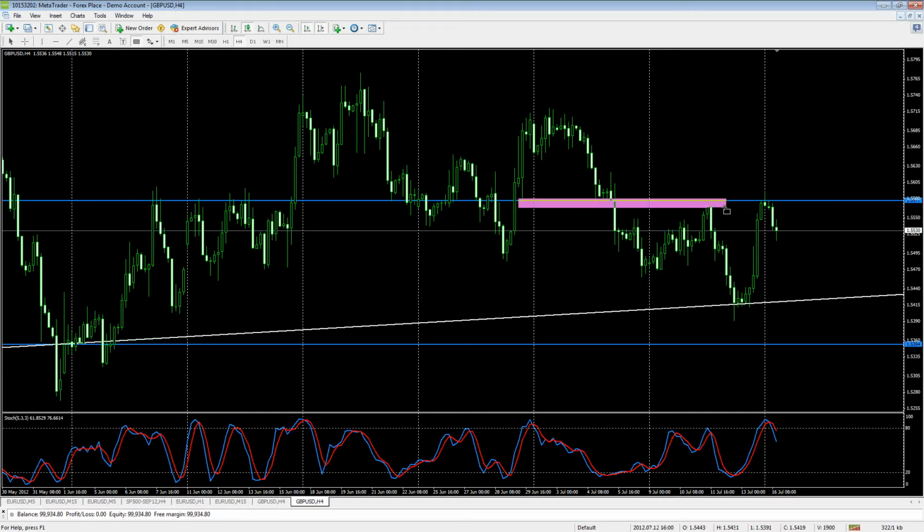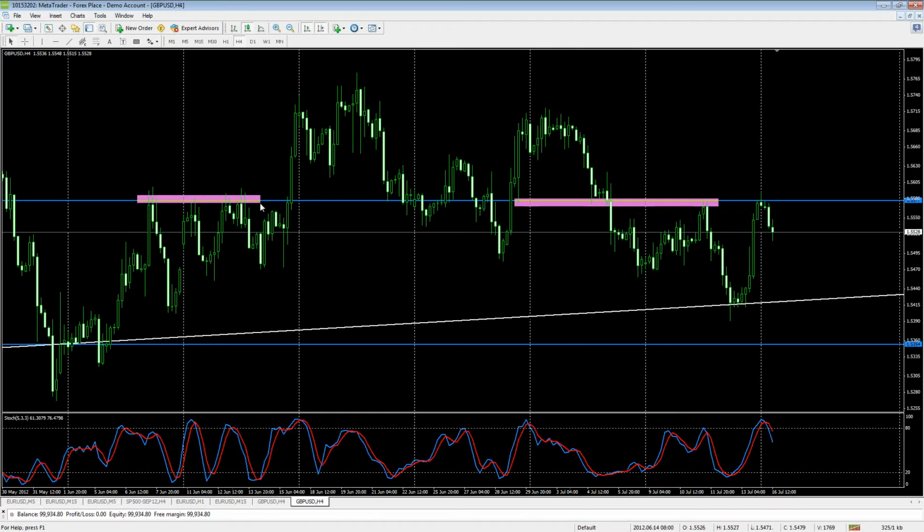So again, pay attention to these price action levels. Strong resistance around 155.80 more or less. You can see this reversal candle here, another hesitation candle, and it dropped again from this level about 60 pips.